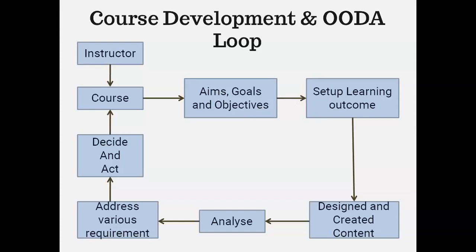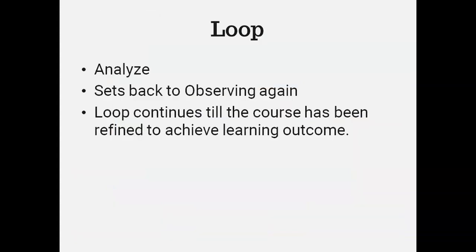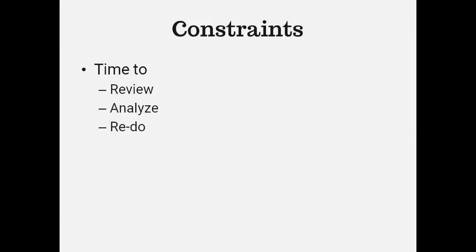The course, exactly the course that you planned to have. Why is it a loop? Is because you will continue to analyze. It sets back to observing again and again. And the loop continues till the course has been refined to achieve the learning outcome.